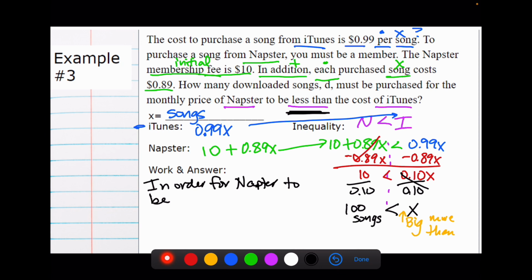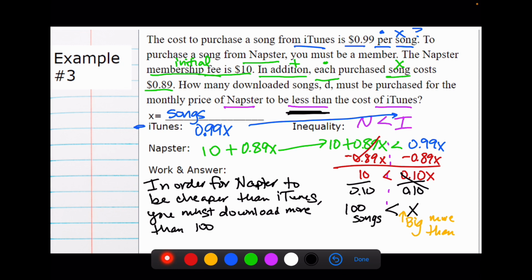In order for Napster to be cheaper than iTunes, you must download more than 100 songs. Instead of using the word more than, you can put greater than if you want to. It's up to you. The words mean the same thing.